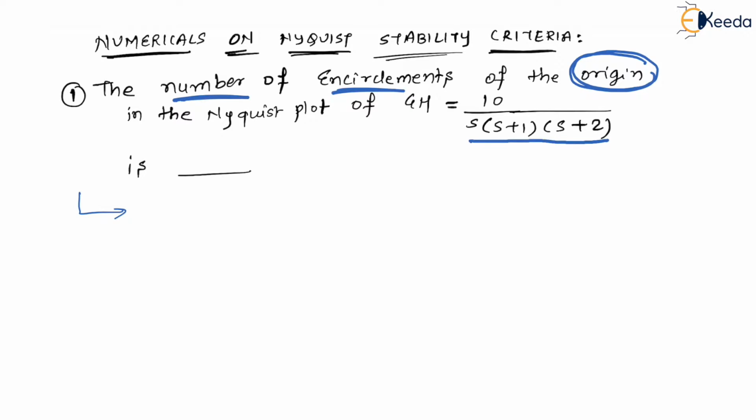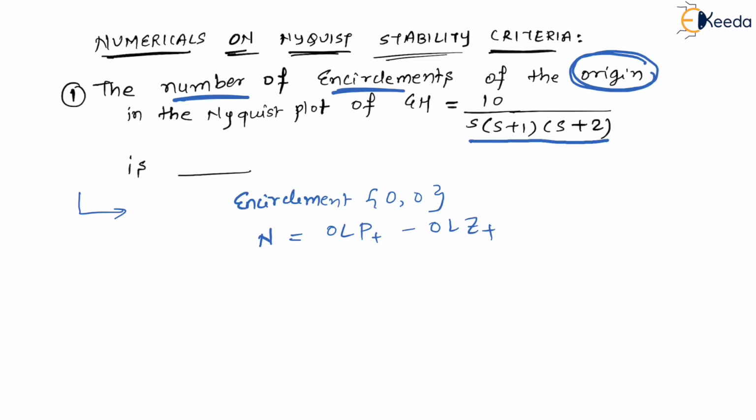If you remember in the previous video of Nyquist stability criteria, we had talked about that if you have encirclements around 0, 0, then n is nothing but equal to open loop pole plus minus open loop zero plus.